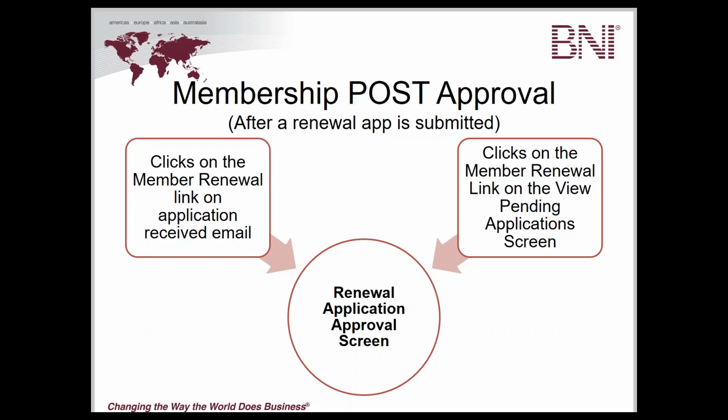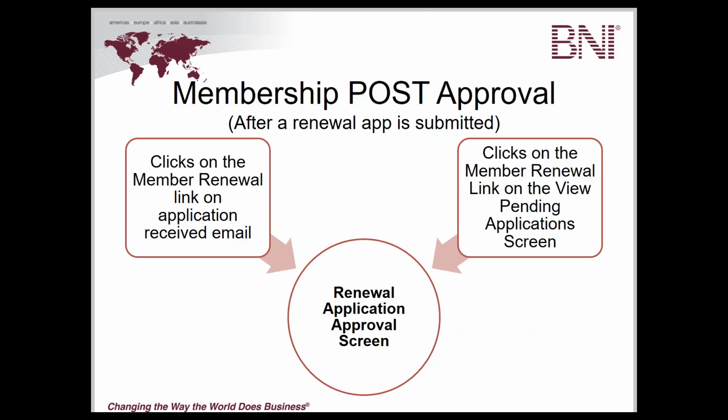The first opportunity is when the member submits that renewal application, an email will be sent to the membership committee and to the leadership team saying, hey, congratulations, QWERTY has submitted a renewal application. Would you like to go ahead and approve that?